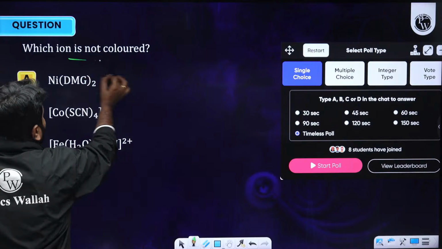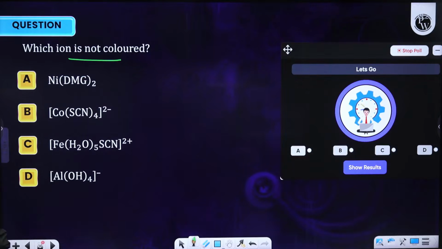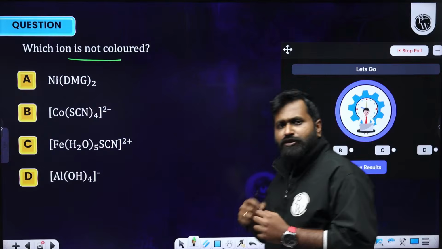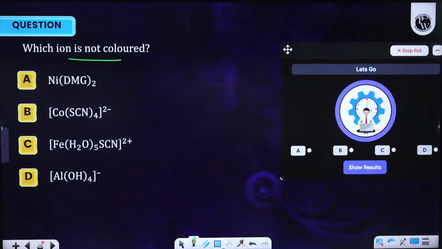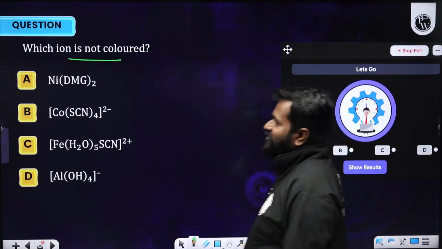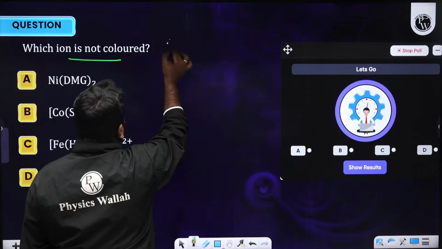Which ion is not colored? For the color property, what is the requirement?